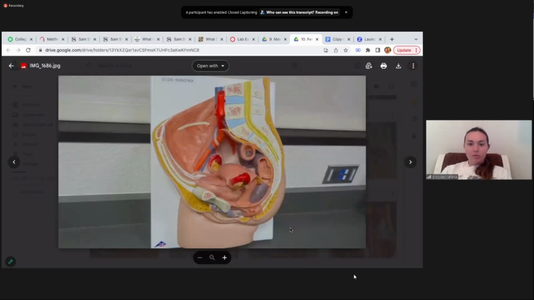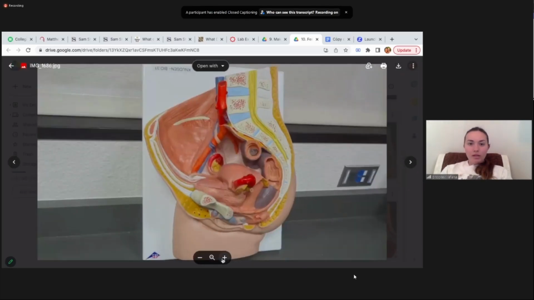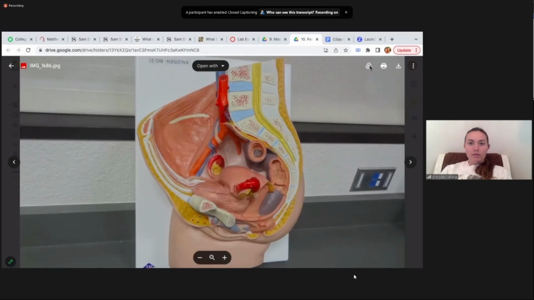Trying to see which is the best view here. I think it's better to start with the outside. Looking at the outside, we see the descending aorta and inferior vena cava, right? Iliac artery, iliac vein.